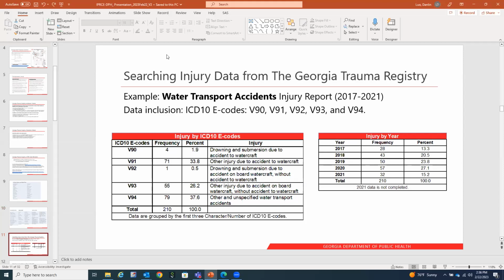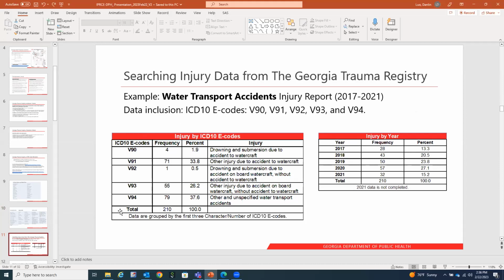Then I'm talking about how to search the injury data from the Georgia Trauma Registry. Example, water transport accident injury. How can we find it? So we can look at the ICD-10 E code. So E code V90, 91, 92, 93, and 94.